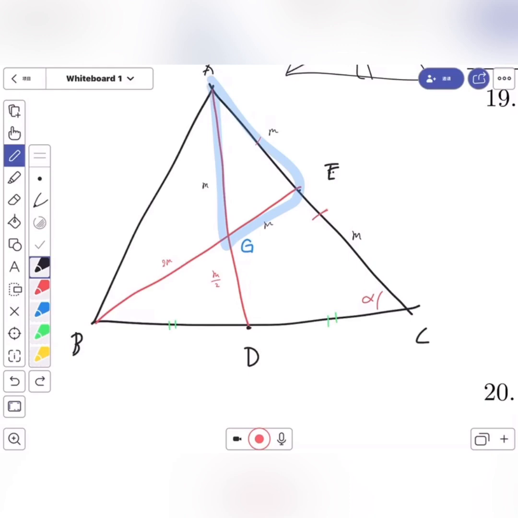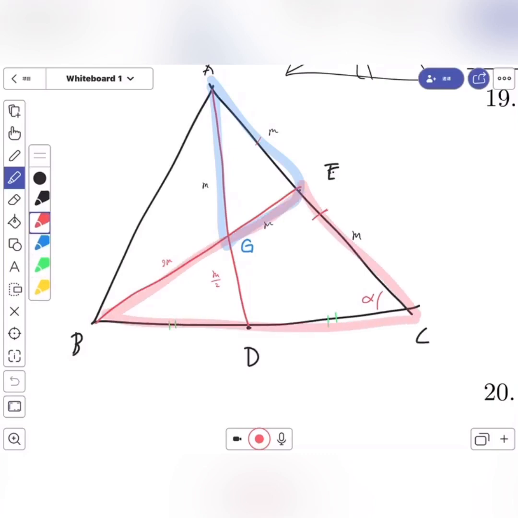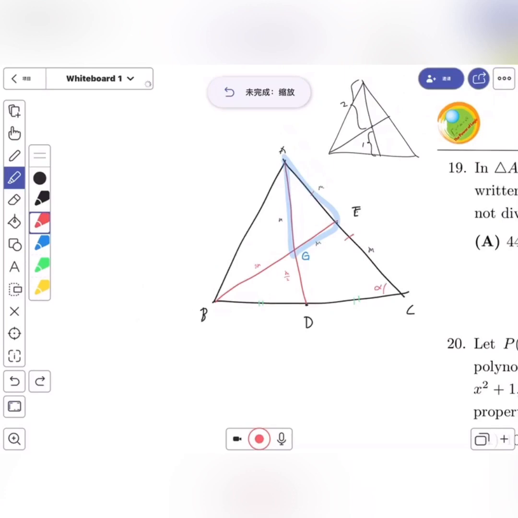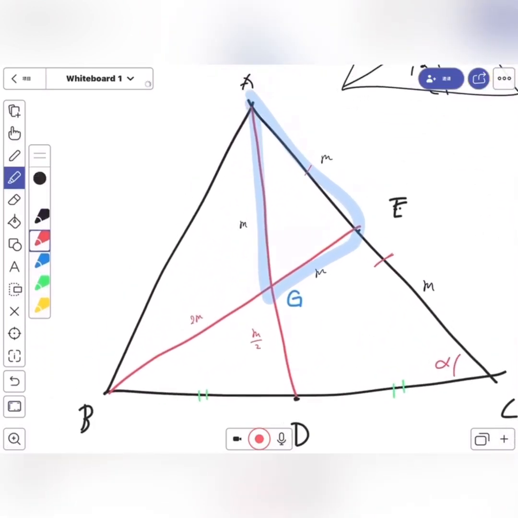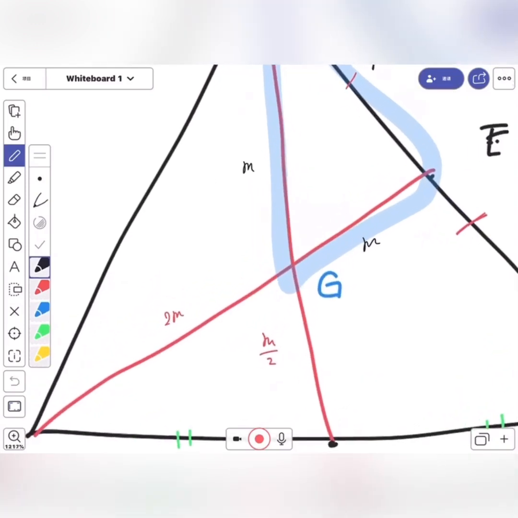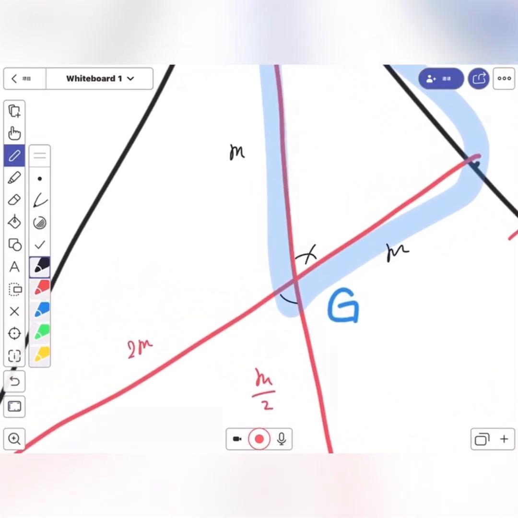So how are we going to work that out? What if we just look at this triangle right over here? Well, actually, we can also first look at this triangle, which would also work. We know that this angle is 60 degrees, because of vertical angles these two angles are the same.